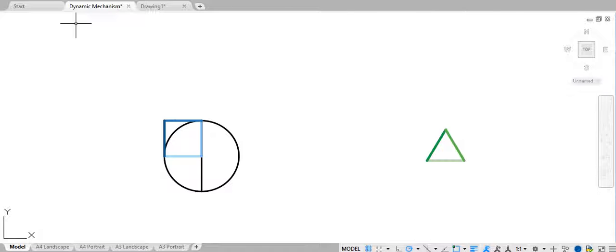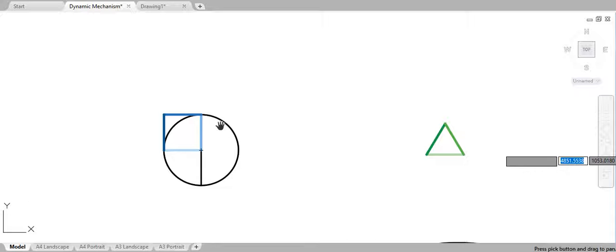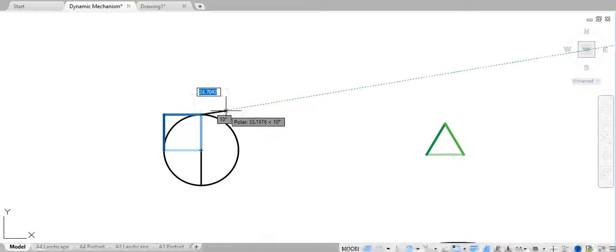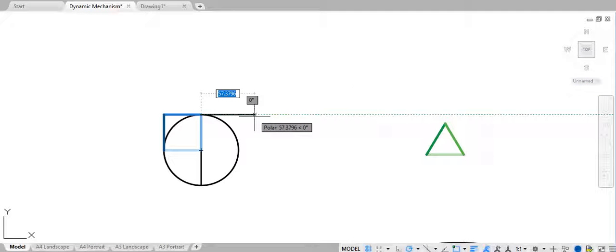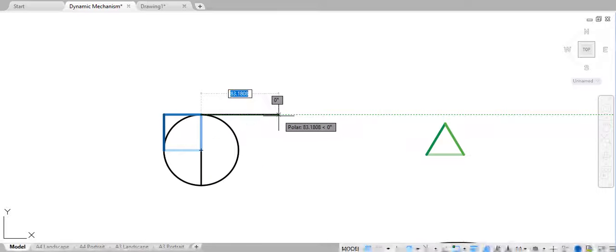Our next one would be, as we go along here, 80 centimeters long.